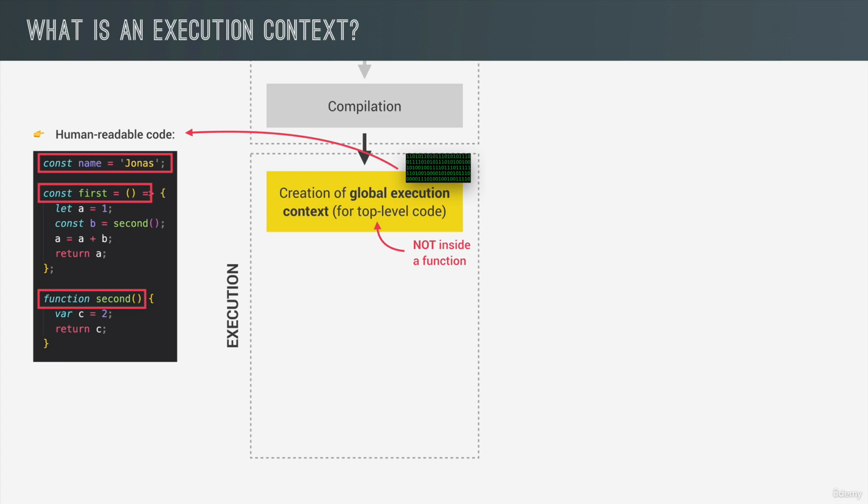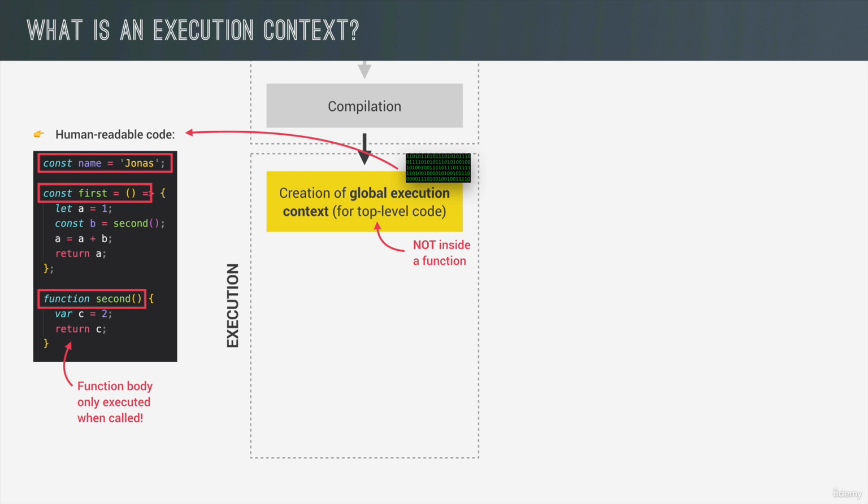But the code inside the functions will only be executed when the functions are called. Okay, so we know that a global execution context is created for top-level code. But now, what exactly is an execution context?